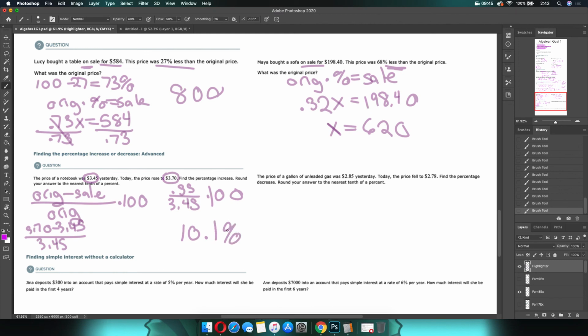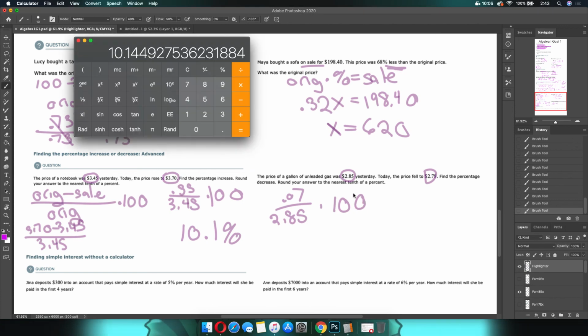10.1%. Okay, so now let's simplify this. So we have 289 and 278, 285. 85 minus 78 is 7 cents. Which number is yesterday? Yesterday is 2.85 times 100.